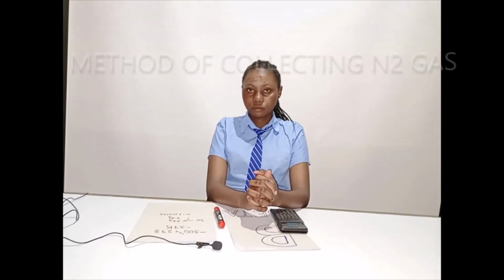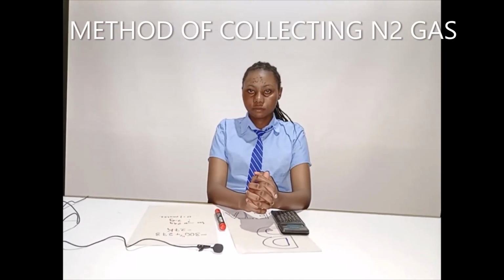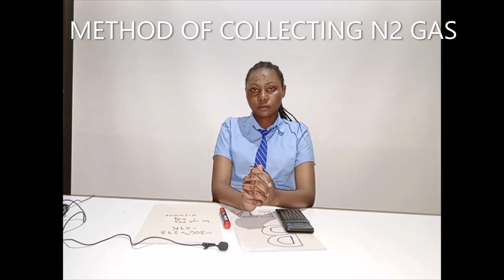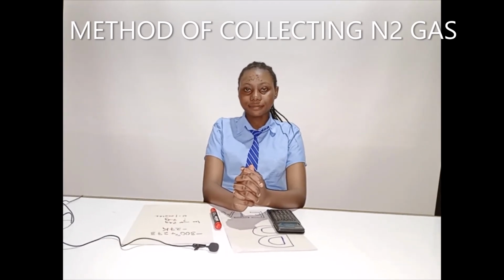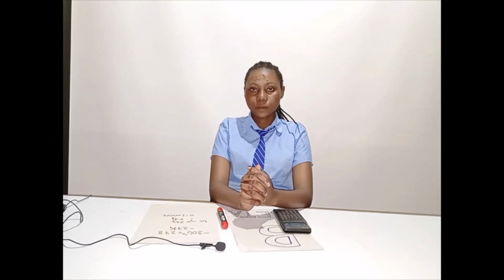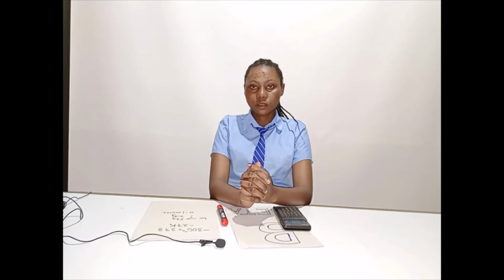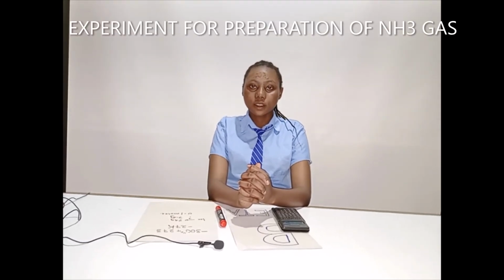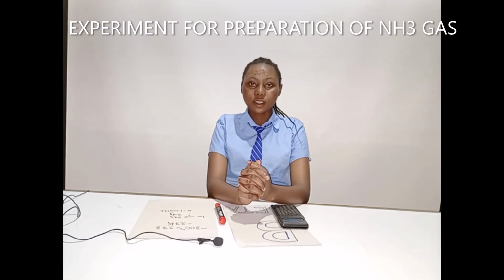Which method can you use to collect nitrogen in the laboratory? Over water method. Yes, you can use over water method. It is insoluble in water. Describe a simple experiment that you can perform to prepare ammonia. Mix ammonium chloride with calcium hydroxide.